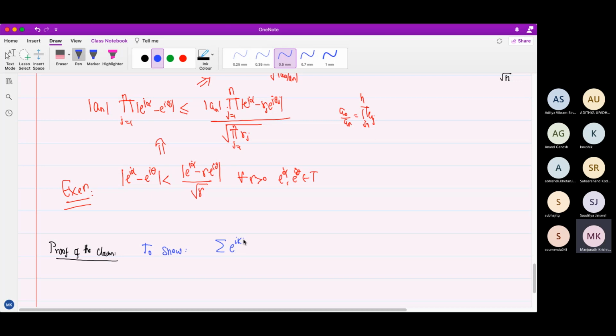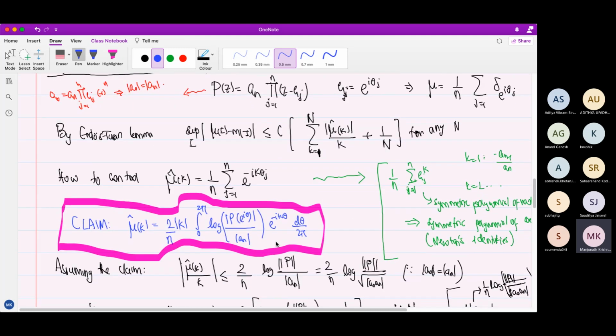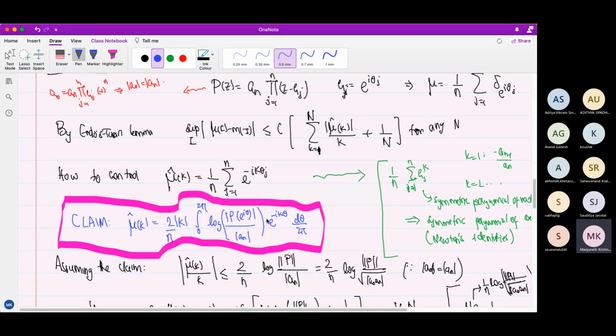What did I call them? Theta j, right? Theta j, is equal to, let me see what was there, 2 mod k times this one.